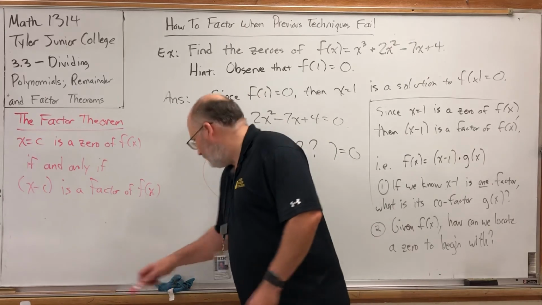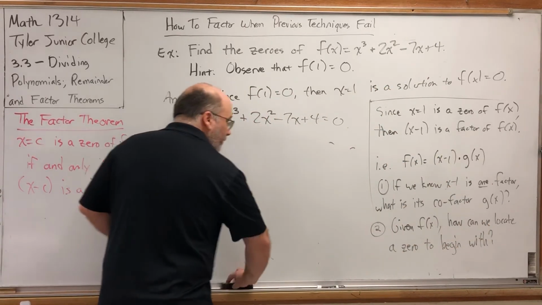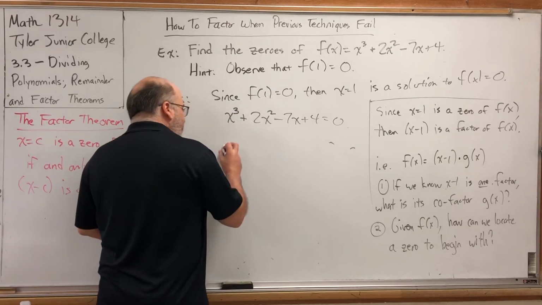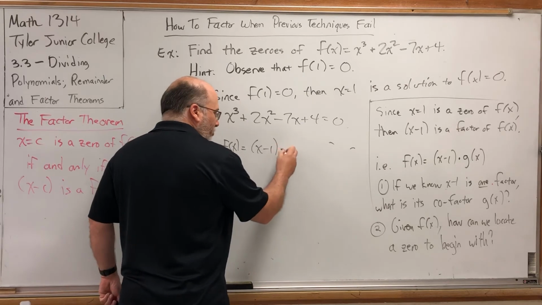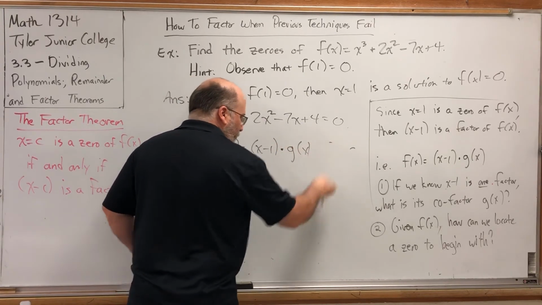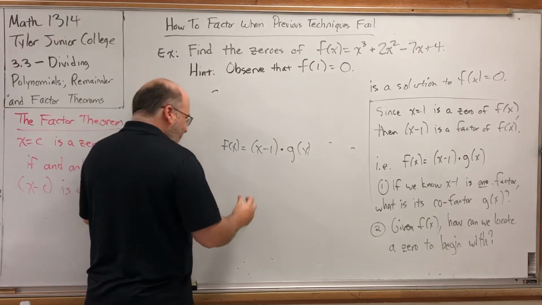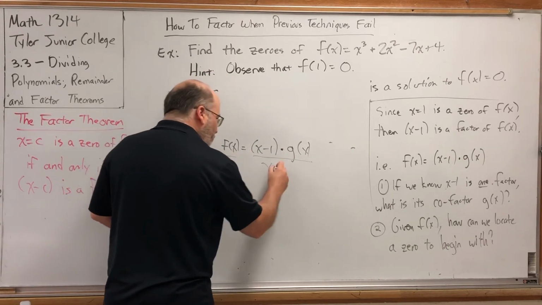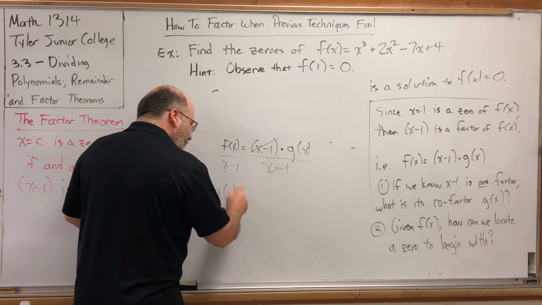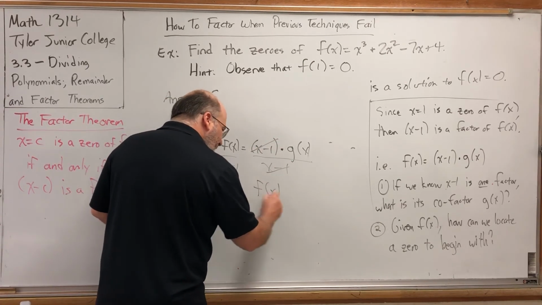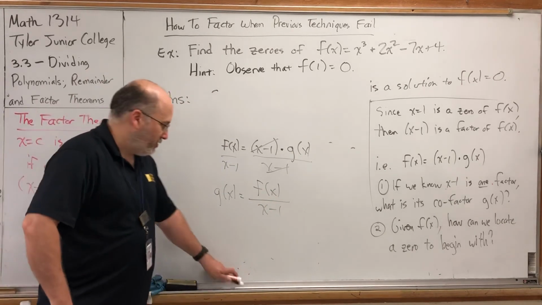In other words, if I know that a function f of x has x minus 1 as one of its factors, but I don't know the other factor, which we're just calling g of x for now, and the question is, what is g of x? That's easy, just divide both sides by x minus 1. That'll cancel this, and so g of x is equal to the original function divided by the factor that we already know. Which raises another question.